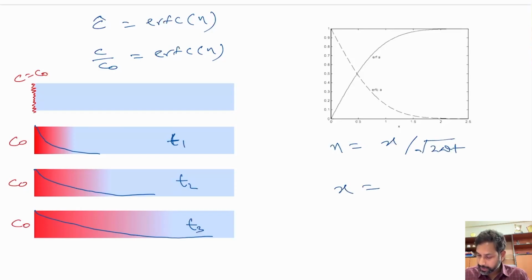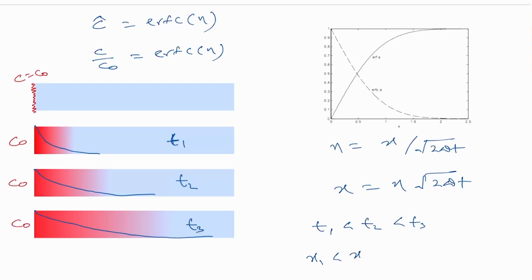In other words, your x is equal to eta times 2 root Dt. So for t1, t2, and t3 you will have different values of x for a given eta. As t increases, t1 is smaller than t2, which is smaller than t3. So the corresponding x for a given eta, x1 will be smaller than x2, which will be smaller than x3.